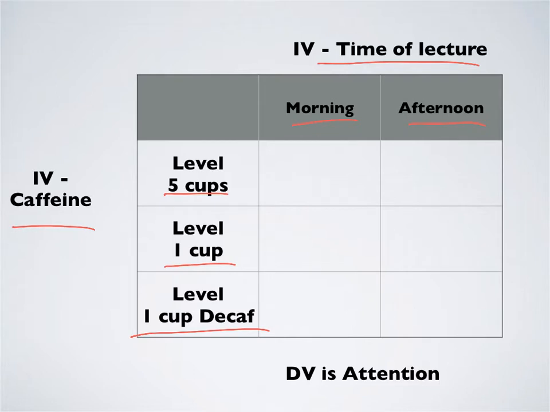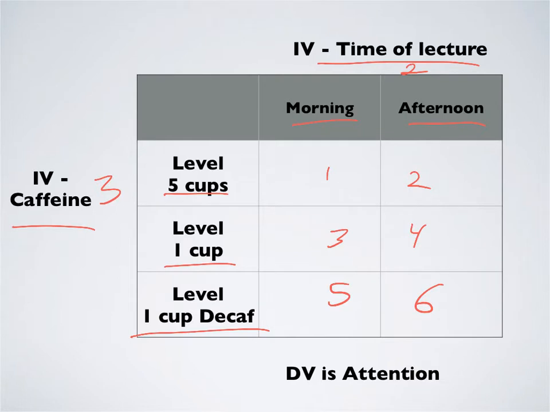We have 3 levels for caffeine, 2 for time of lecture, so we have 1, 2, 3, 4, 5, 6 possible conditions. The conditions are the situations your participants can be put into, that they can experience.